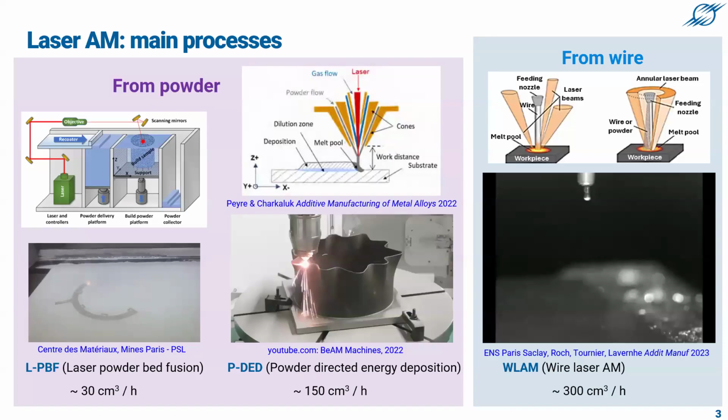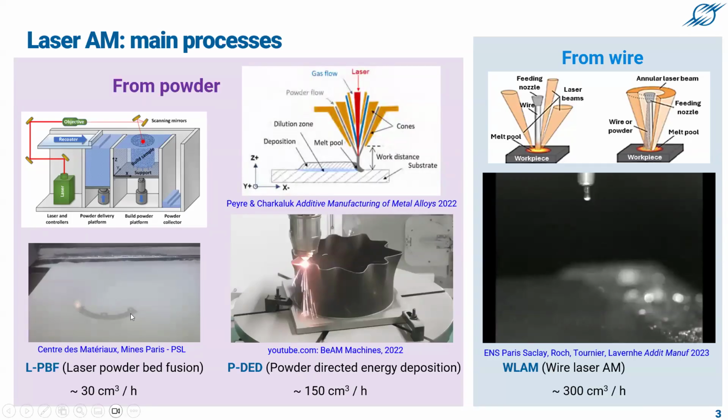This slide presents the main additive manufacturing processes by laser. The laser is in charge of supplying energy, and the material is provided in the form of either powder or wire. On the left of this slide, you can see the major laser powder additive manufacturing process, LPBF, which is the selective melting of successive layers of powder.